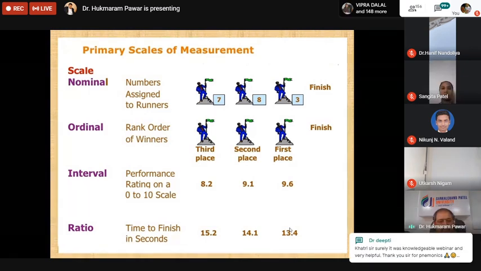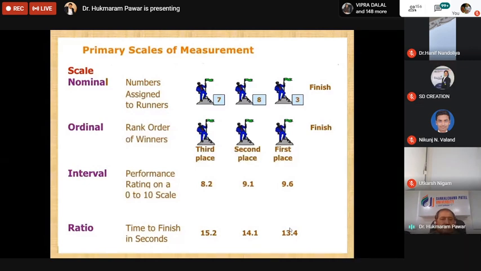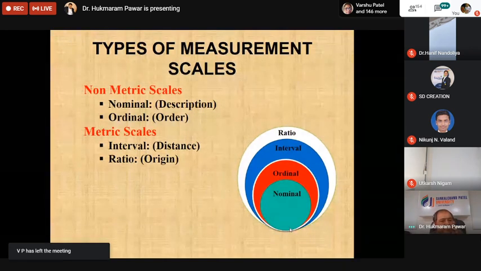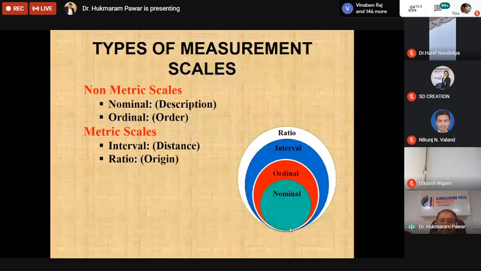First, let's understand what this is. Here you can see the chart of types of measurement scales. The first two scales are nominal and ordinal. Nominal is the description type, ordinal is the order type, interval is distance, and ratio is origin.